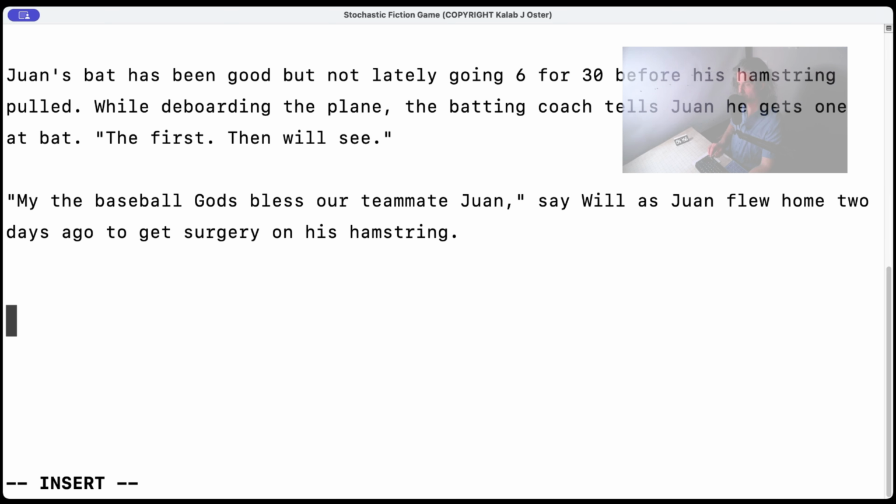"May the baseball gods bless our teammate Juan," says Will, as Juan flew home 2 days ago to get the surgery on his hamstring, and Will sits on the plane, still shortstop of the Dodgers.